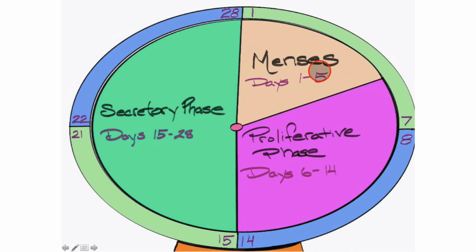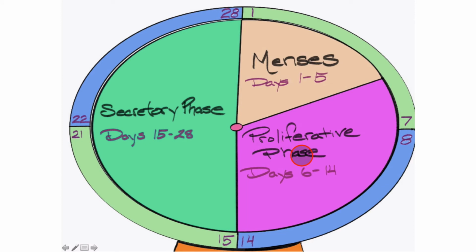The first roughly 5 days is menses, and that's the shedding off of the stratum functionalis. The proliferative phase is the rebuilding of the stratum functionalis. So please keep in mind, if menses occurs, that means fertilization of an egg which has been ovulated has not occurred.